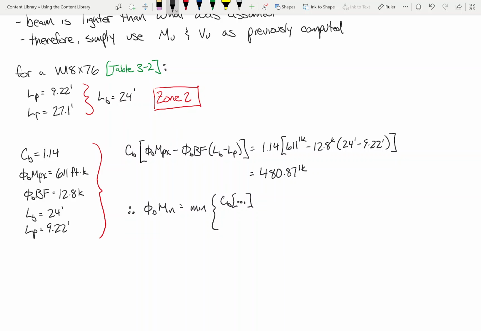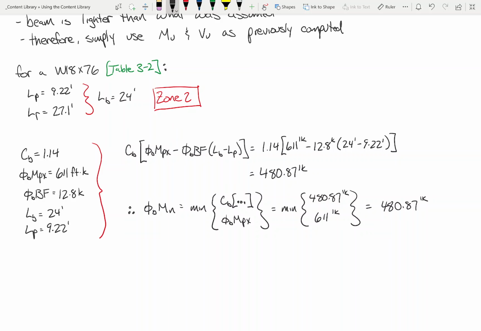All that stuff we just did, so when I say CB times this bracket with the 3 dots, I'm just talking about all this, the minimum of all that, or phi and P. So this is the minimum of 480.87 or 611, and this is 480.87.